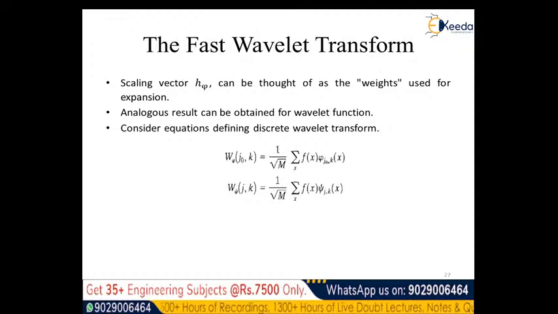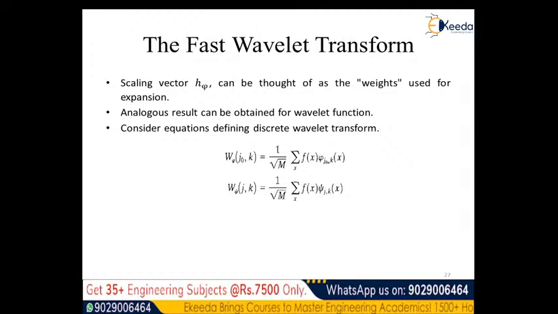The second is for the wavelet function. We have the notation w suffix psi in the bracket j comma k, which is equal to 1 upon root m, the summation over x of f of x multiplied by psi of x with suffix j comma k.